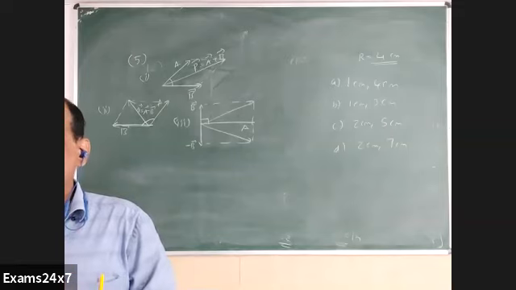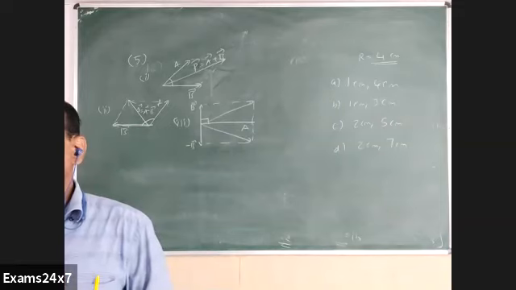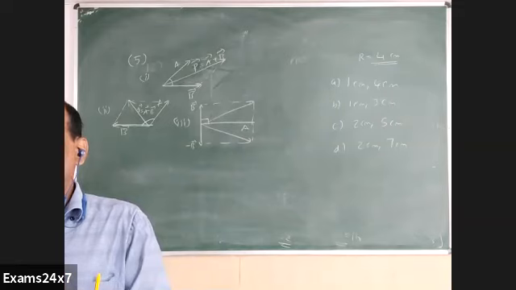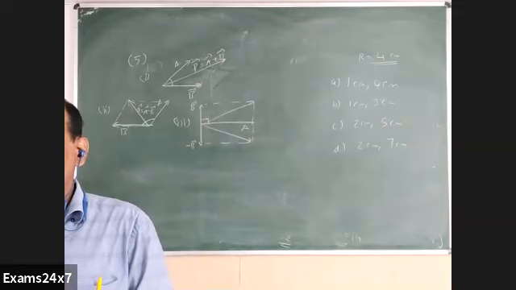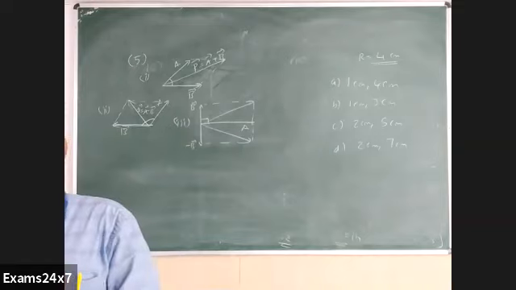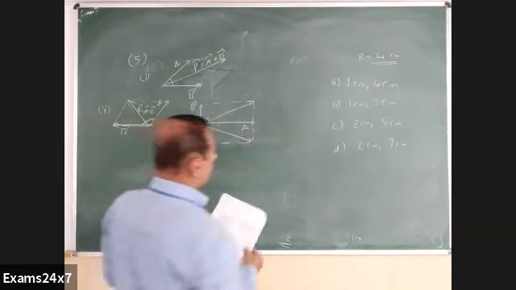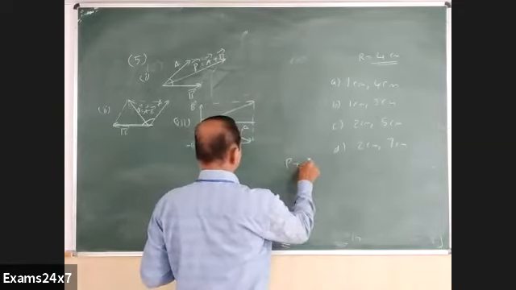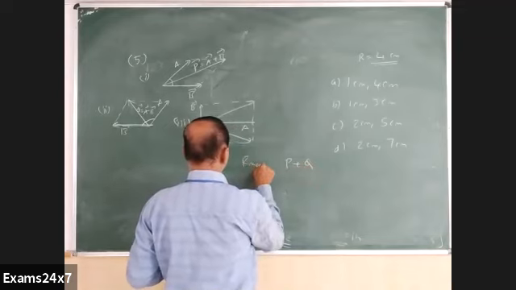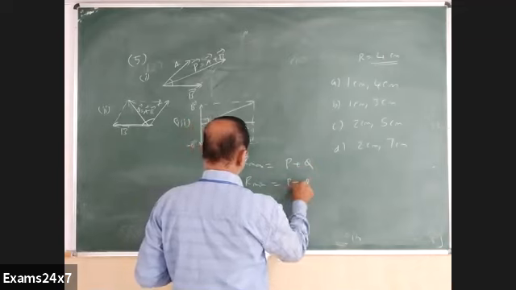P plus Q, numerical addition, which happens when theta is equal to 0. Similarly, what is the least possible resultant? And when does that happen? When the angle is 180 degrees between the two vectors, and that is equal to P minus Q. So P plus Q is the maximum resultant and P minus Q is the minimum.